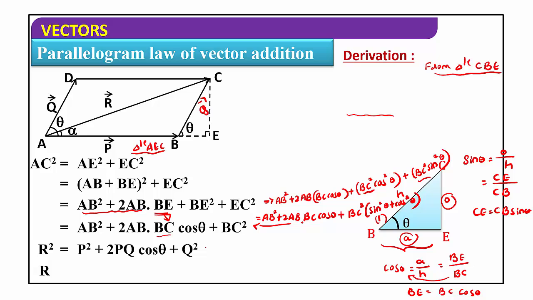Or we can write R equal to square root of P square plus Q square plus 2PQ cos theta. Is it clear? So this is the equation for magnitude of a resultant vector. What is the equation? R equal to square root of P square plus Q square plus 2PQ cos theta.